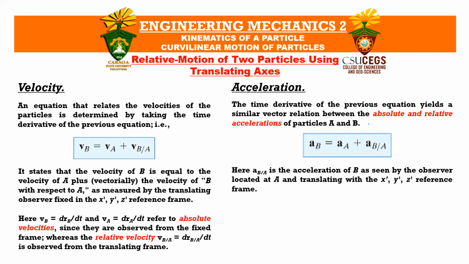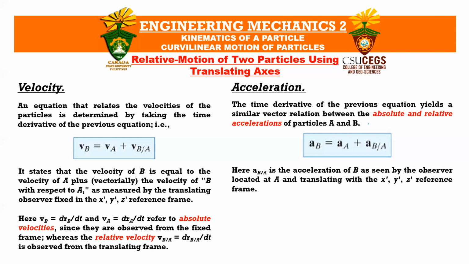Here, vector v of B is equal to the derivative of vector r of B with respect to time, and vector v of A is equal to the derivative of vector r of A with respect to time, which are referred to as the absolute velocities, since they are observed from the fixed frame.